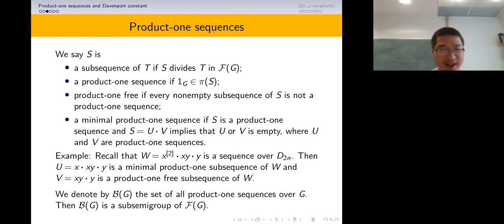We consider another sequence, choosing the terms X, Y, and Y. We have 3 terms. It's easy to see that this is a product-1 free sequence and it's a subsequence of W. Now we consider the set B(G) of all product-1 sequences over G. Since the concatenation of 2 product-1 sequences is still a product-1 sequence, this B(G) is a sub-semigroup of F(G).